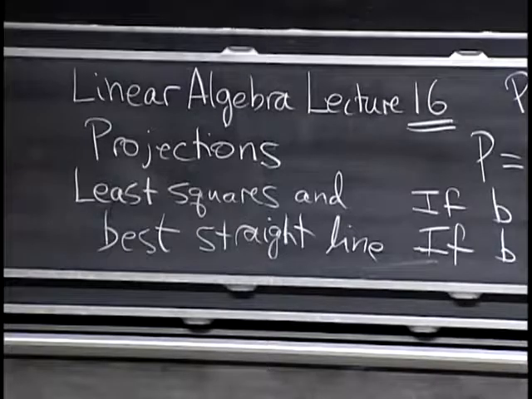Okay, here's lecture 16, and if you remember, I ended the last lecture with this formula for what I called a projection matrix. Maybe I could just recap for a minute.